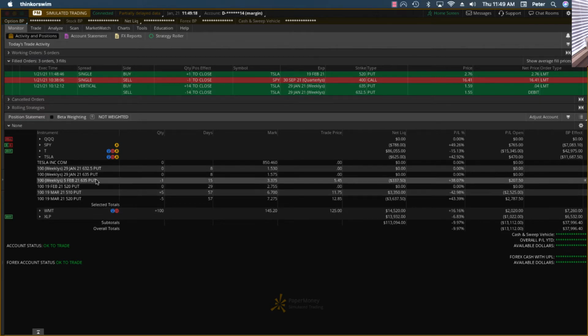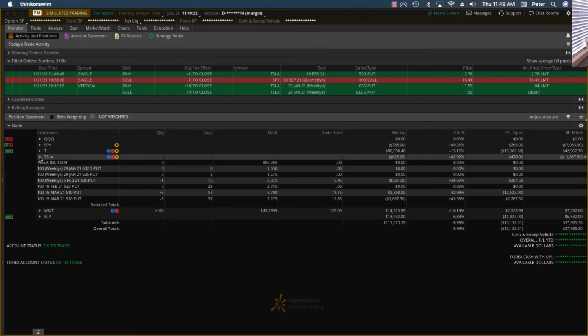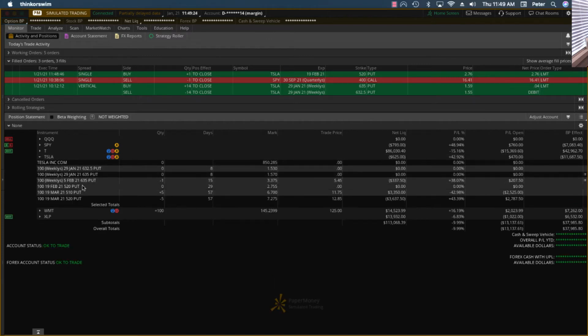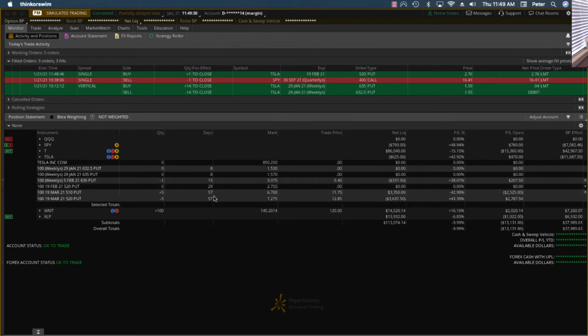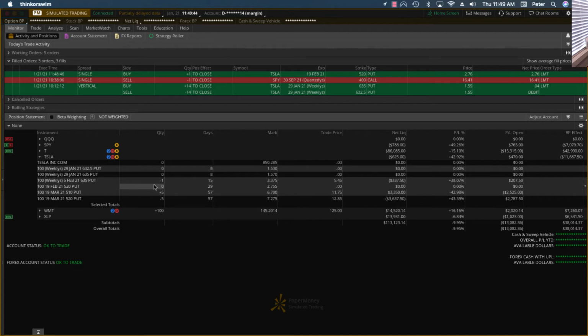So now that we're there, we have to go in and reset our positions, right? We still have our monthly position, which was the 635, and then we have our spread here, which still has 57 days. Actually, we're looking at one weekly and one monthly, so a weekly vertical and a monthly put.